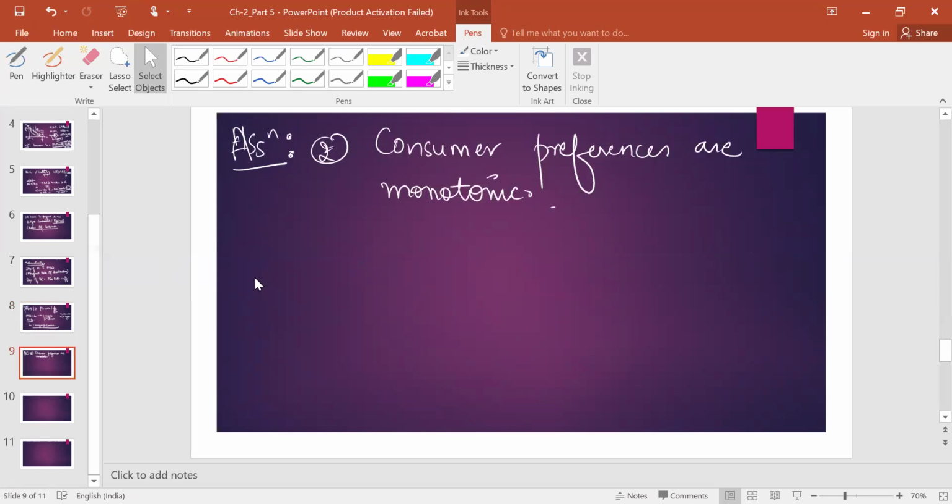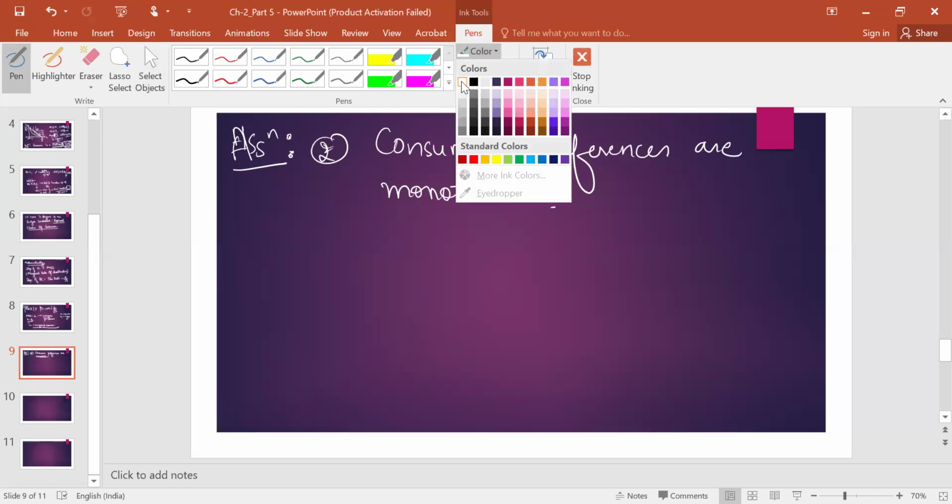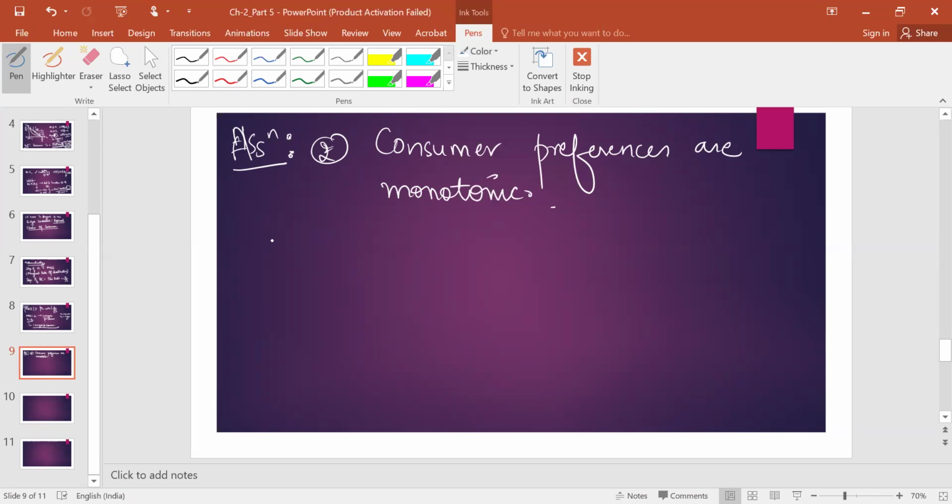So that means when the MRS is like this, it's not an equilibrium, correct? There's some level of mismatch, right? We have not reached the optimal point. The optimal point is where there is no scope of improvement, no scope of getting a higher utility.